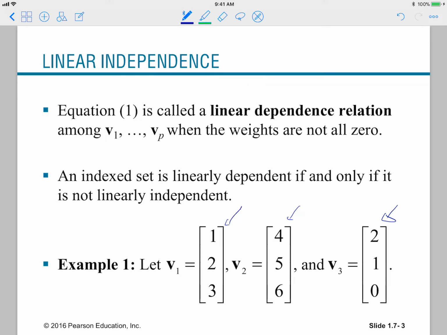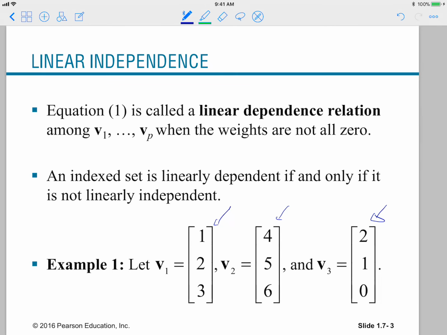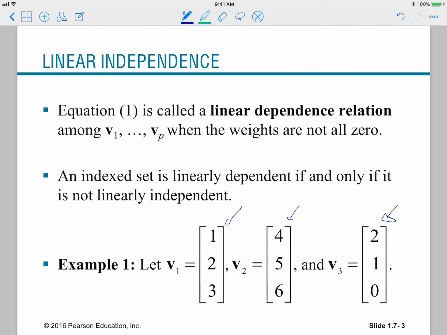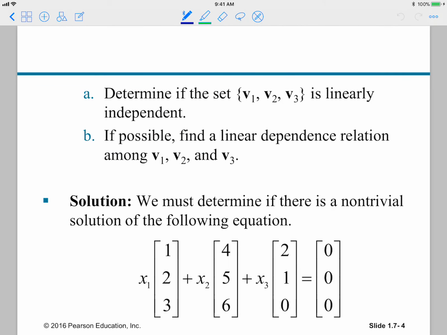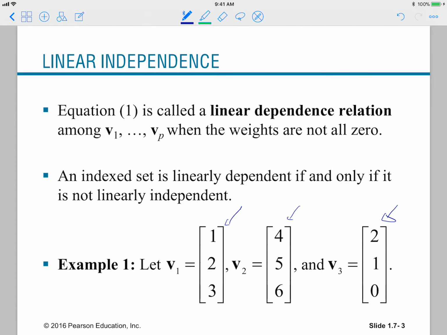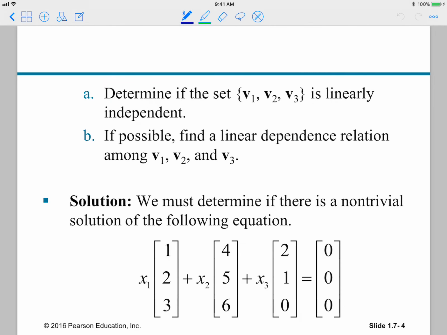So that is a short answer, and let's see why. Also, we can understand this linear dependence from another perspective, which I will describe in a few slides. Okay, so let's look at this example. We are given these three vectors, and we have to determine whether they are linearly independent or dependent.